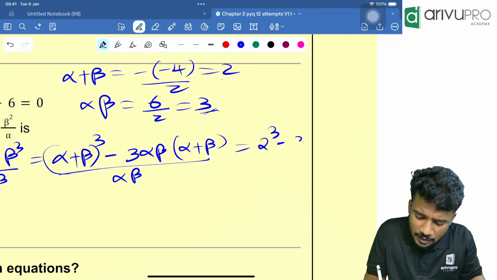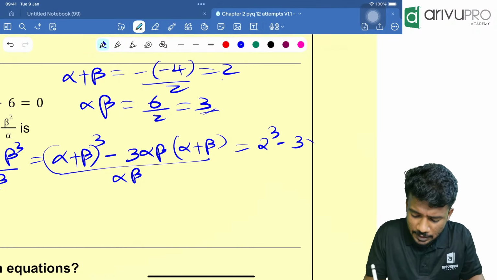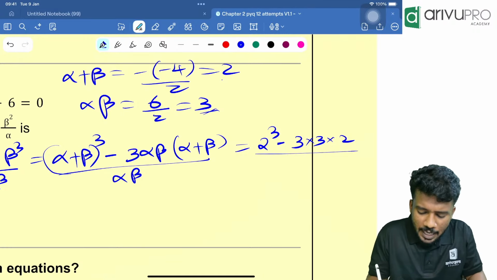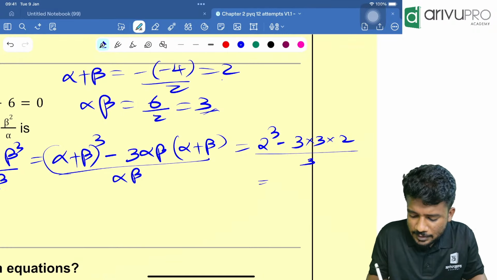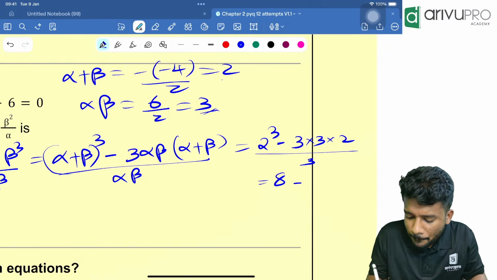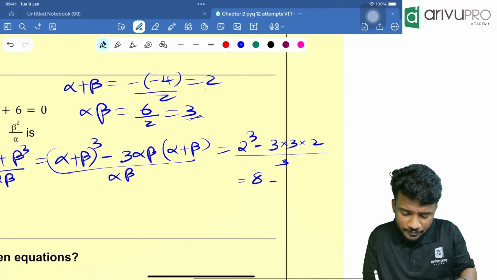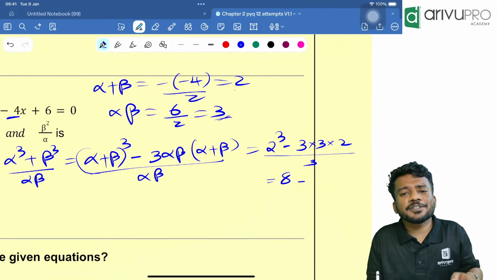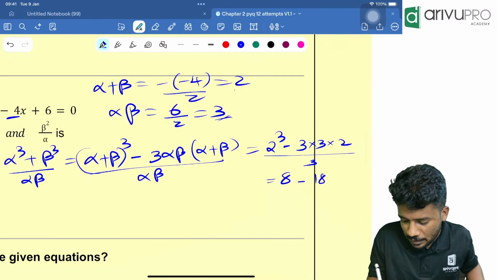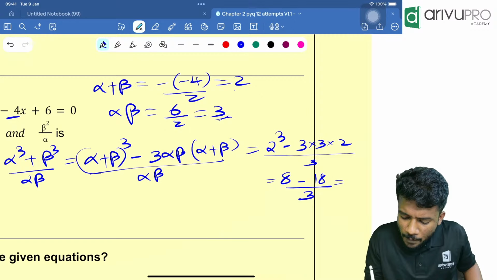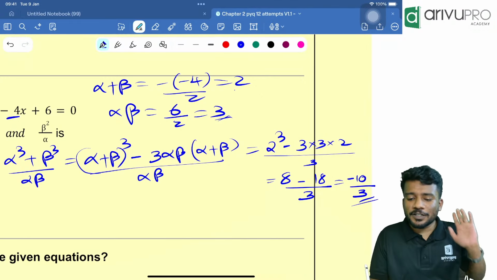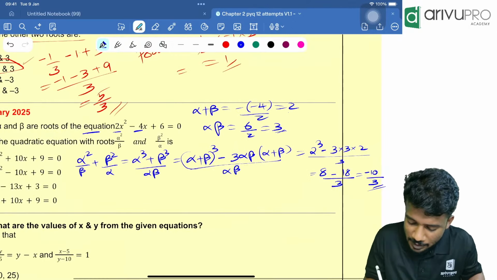Then minus 3 into alpha beta, that is 3, into alpha plus beta, that is 2, divided by alpha beta, that is 3. 2 cube is 8 minus 3 into 3 is 9, 9 into 2 is 18. 18 divided by 3, which is equal to minus 10 divided by 3. So you got the sum of the roots. This is nothing but the sum.